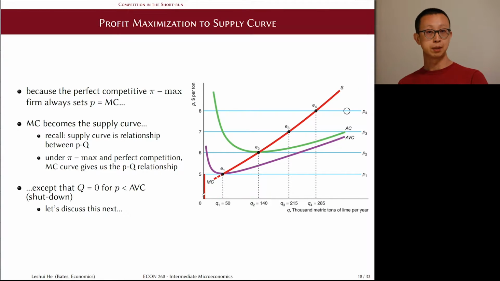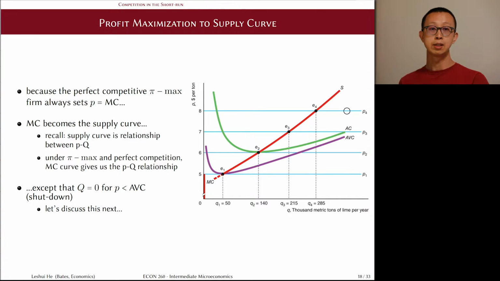But there is some caveat. At the end of the previous video, we saw that the firm may not get a positive profit by following the prescribed optimal output level at price equal to marginal cost. So it is possible that the firm just chooses not to operate at all.